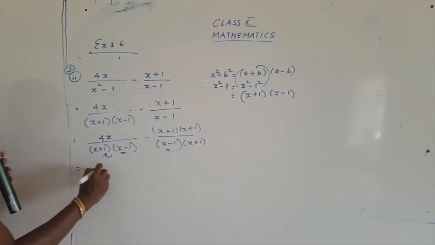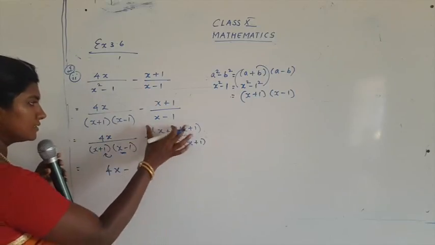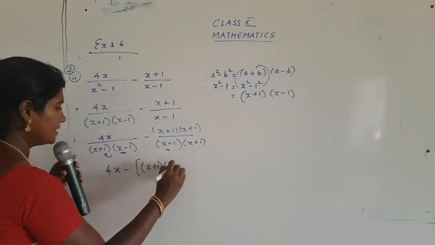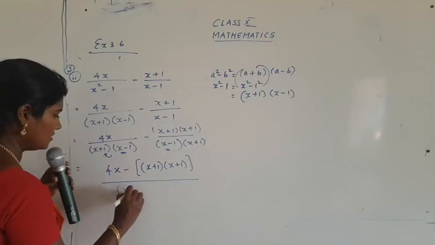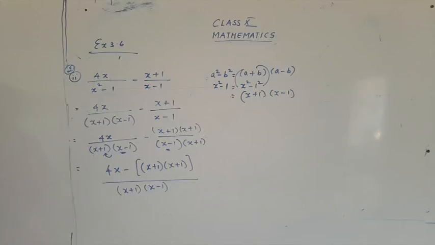So what we get here? 4x minus, write down this in a bracket, x plus 1, upon x plus 1, x minus 1. We are taking the numerator part together and we are making the denominator common. So now you are going to expand it.